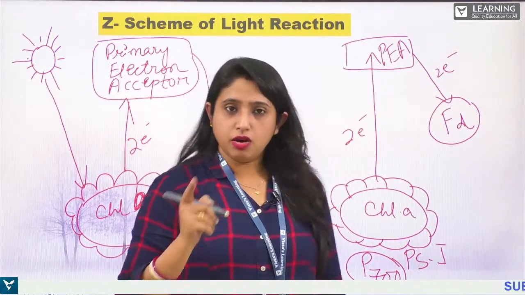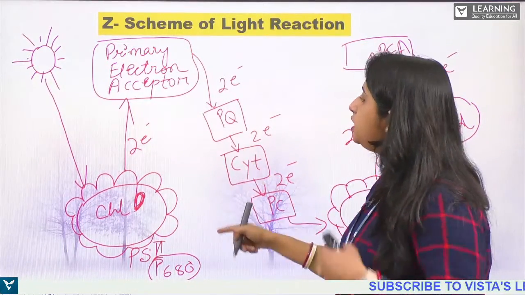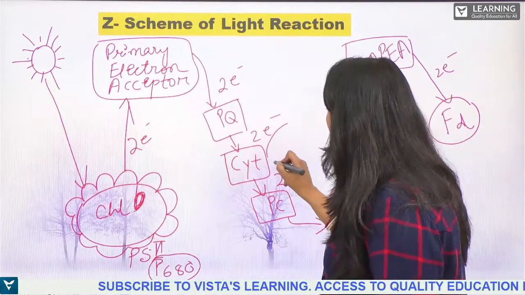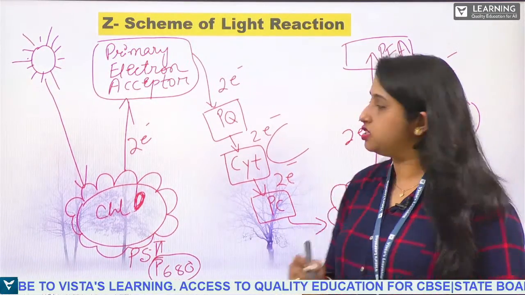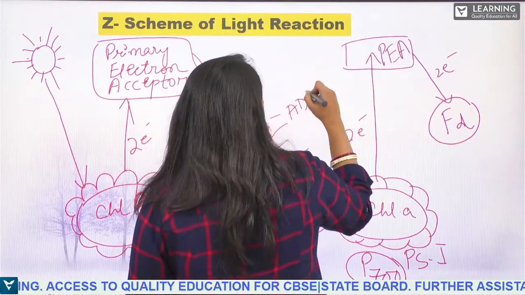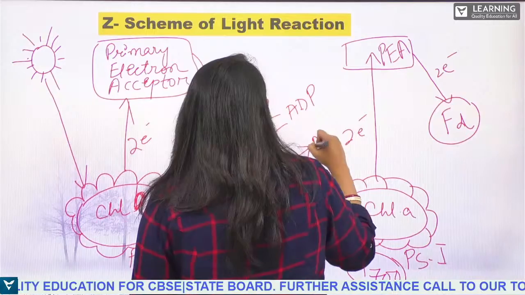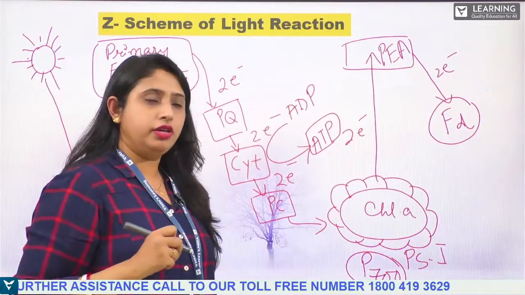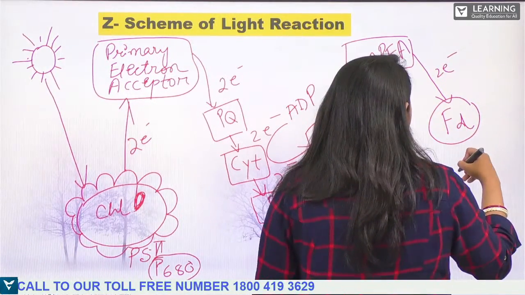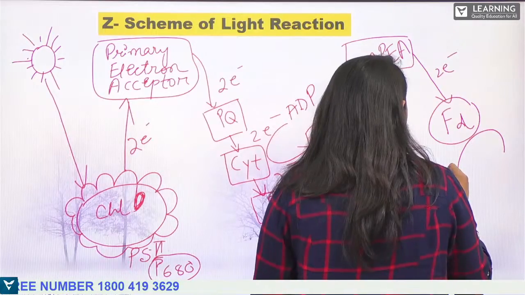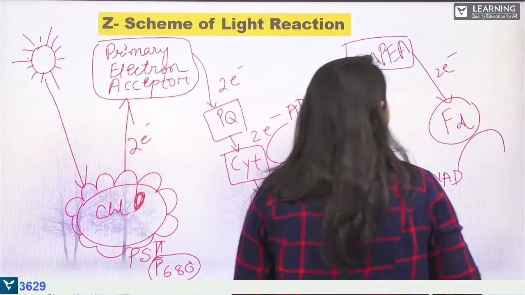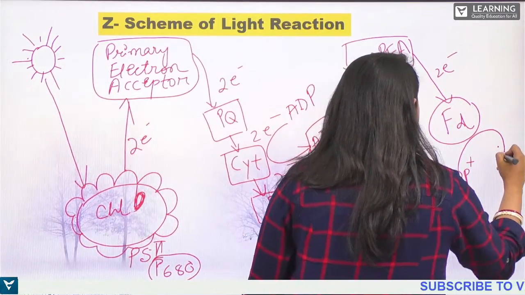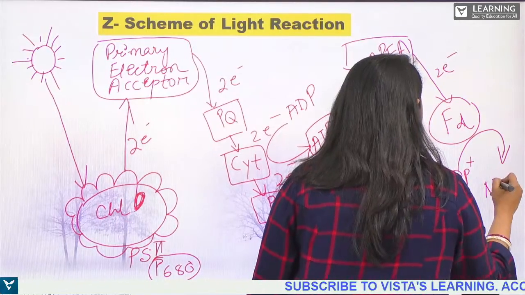All right, now see here what happens during this electron transportation. In the cytochrome, one molecule of ATP is being released. So ADP leads to the release of one ATP molecule here. And here in the outer membrane, from NADP plus, what is being formed?